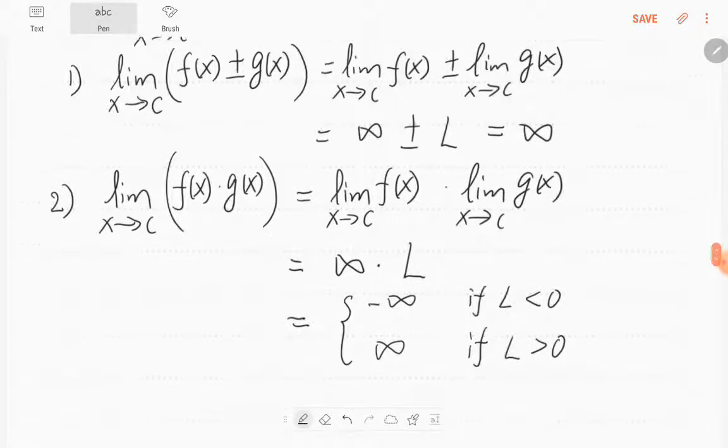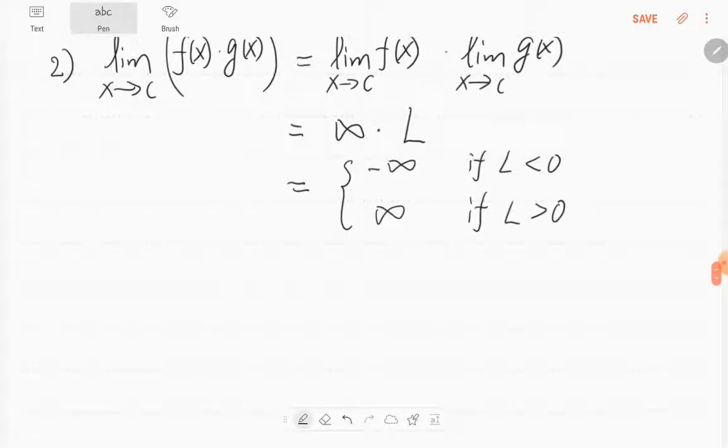But pay attention that I didn't say anything about L equals 0. So we will not discuss the case for L equals 0. That would be another story. Here we assume L is not 0.